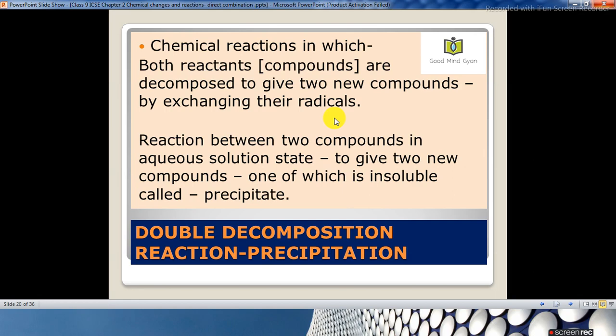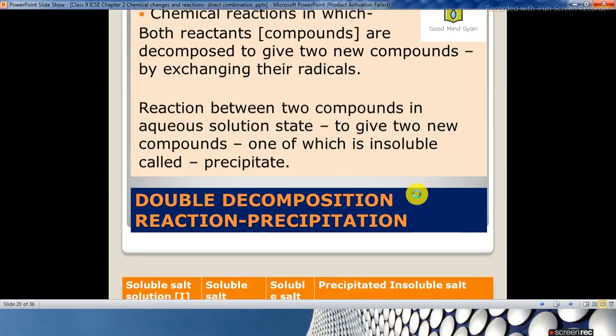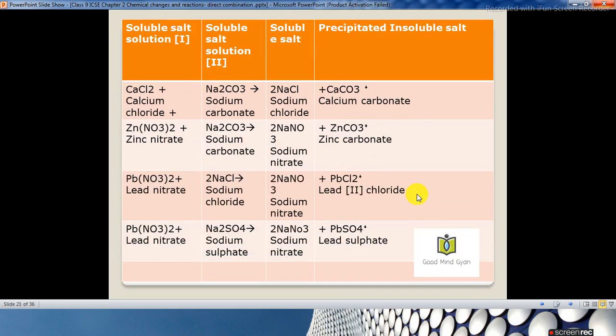It is a reaction between two compounds in aqueous solution state to give two new compounds, one of which is insoluble and is called a precipitate.